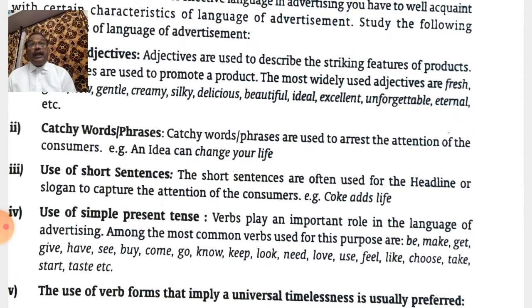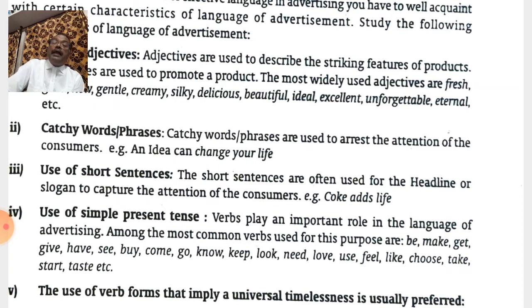And basically, when you are going to draft an advertisement, you should use the simple present tense. In advertising, verbs play a very important role in the language of advertising.